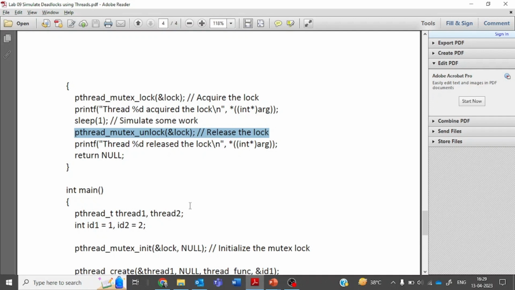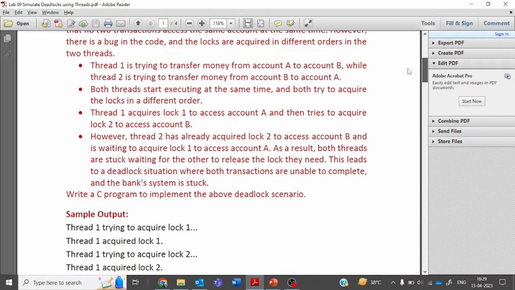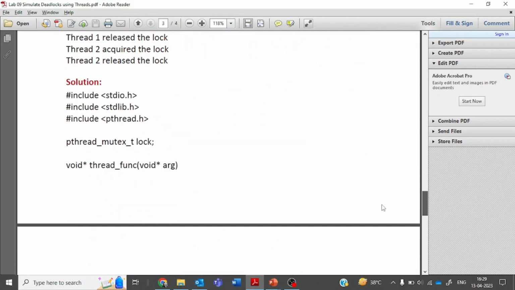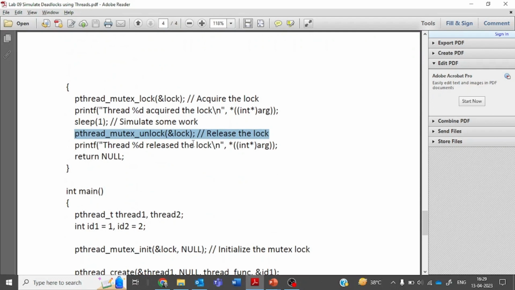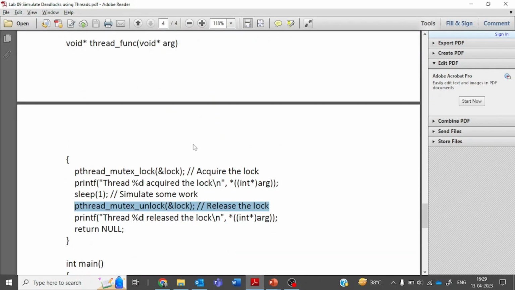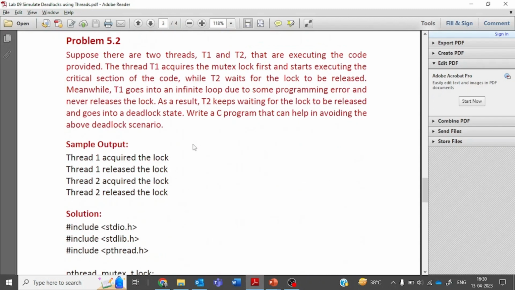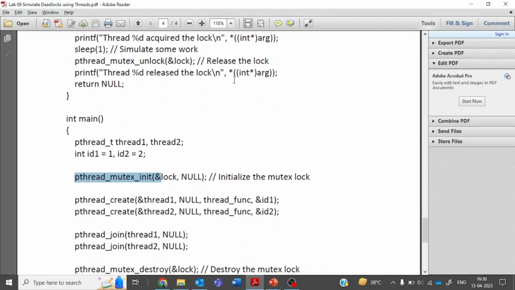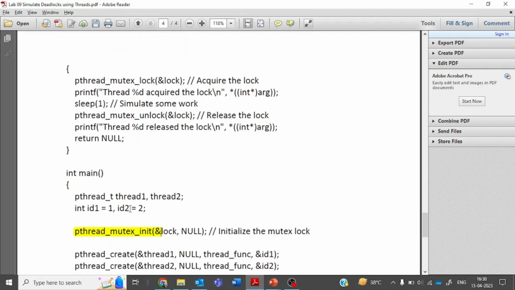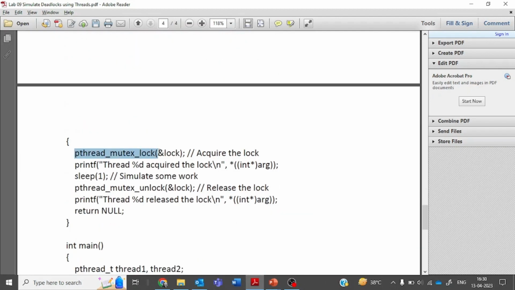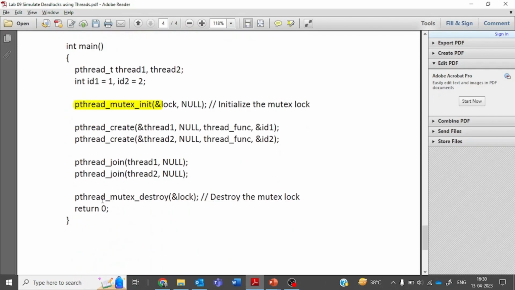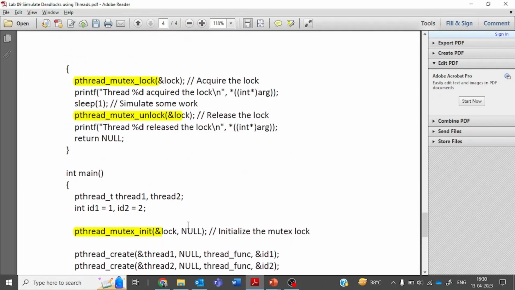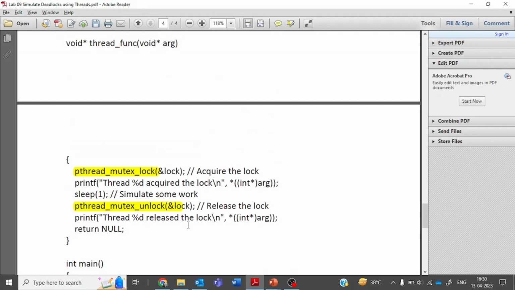So this is how you first created a deadlock situation, then you used mutex functions properly in order to release the lock. And you can see we have used all four functions here: mutex init, mutex lock, mutex unlock, and finally mutex destroy, to have a fair execution.